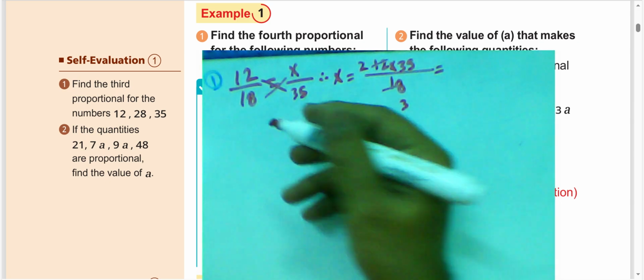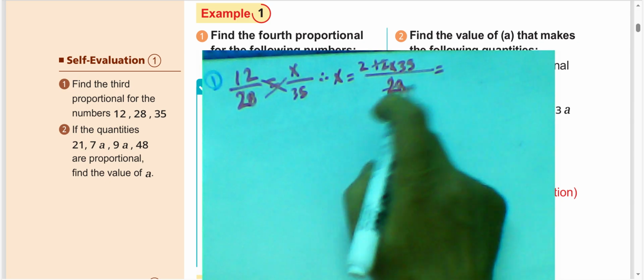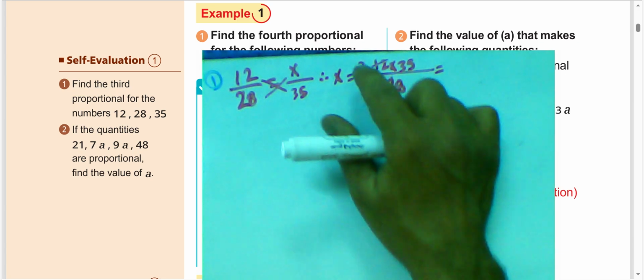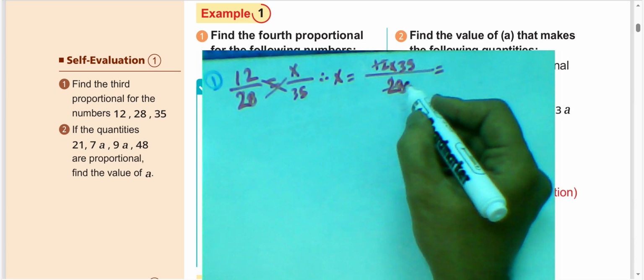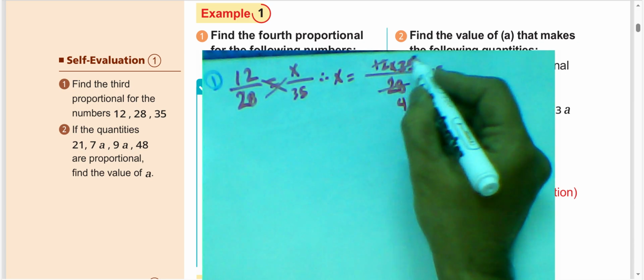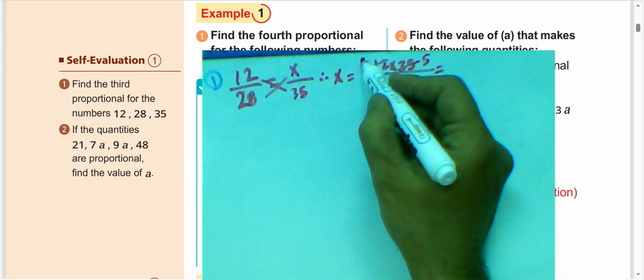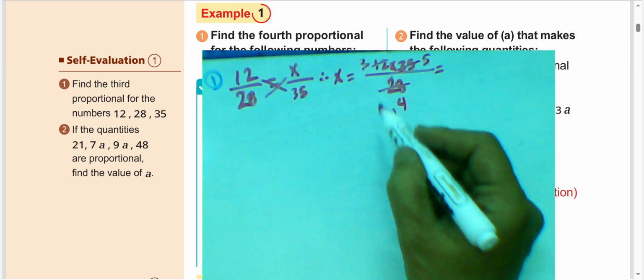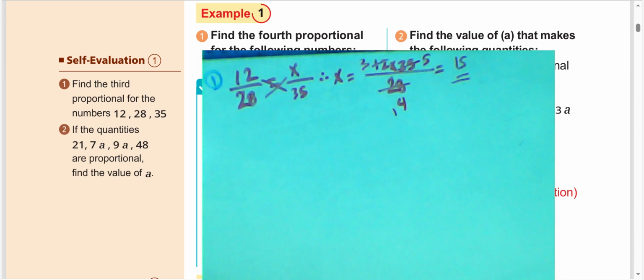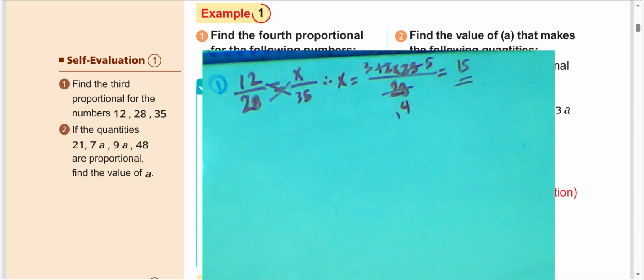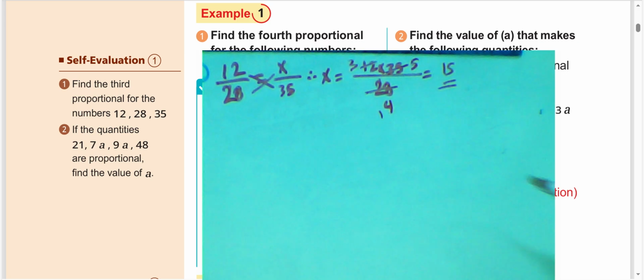This number was 28, okay, not 18. Then I will simplify: 28 divided by 7 equals 4, and 35 divided by 7 equals 5. Then 12 divided by 4 equals 3, and 4 divided by 4 equals 1. Then 3 times 5 equals 15. Then the third proportional will be 15.